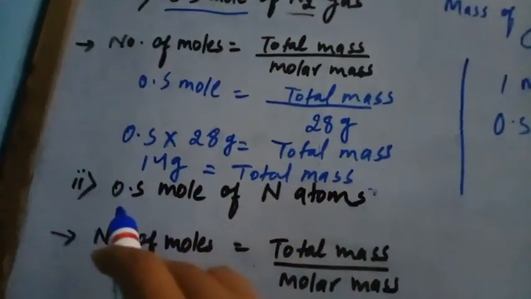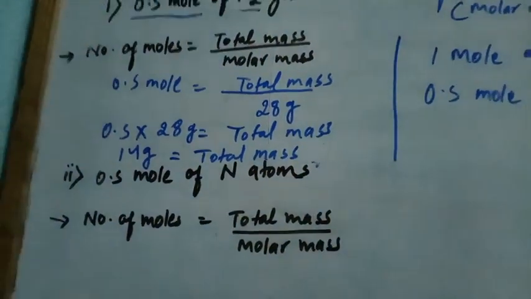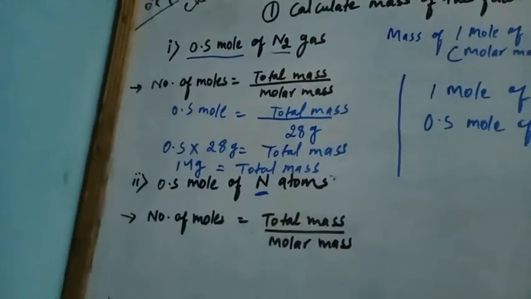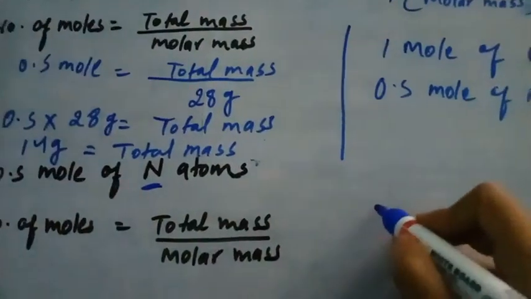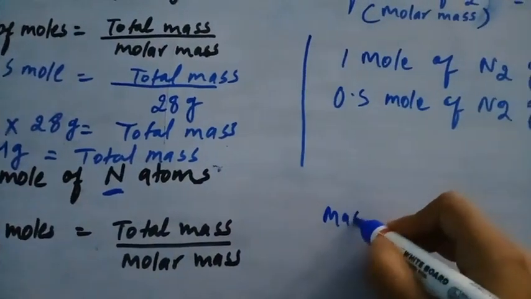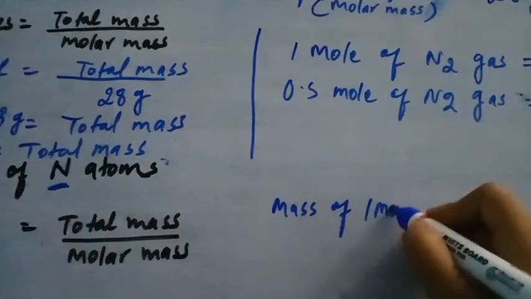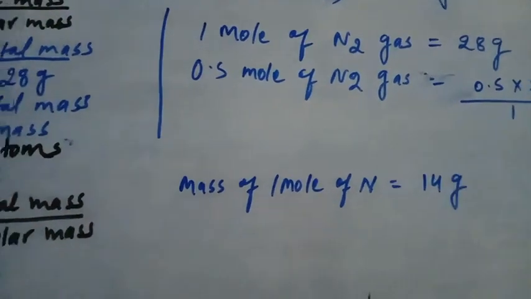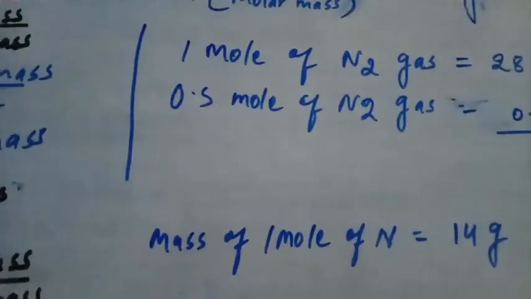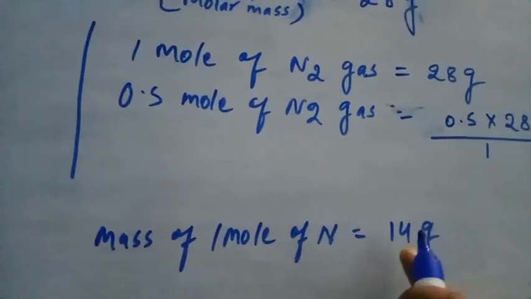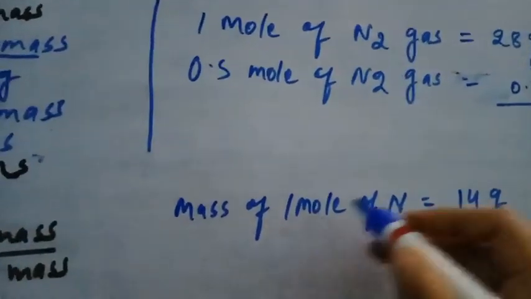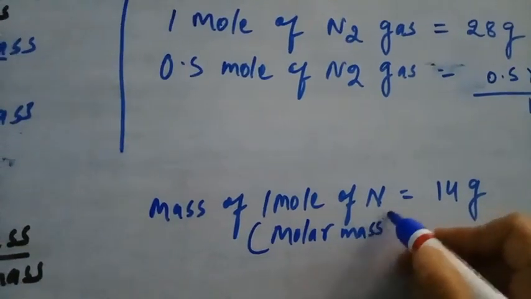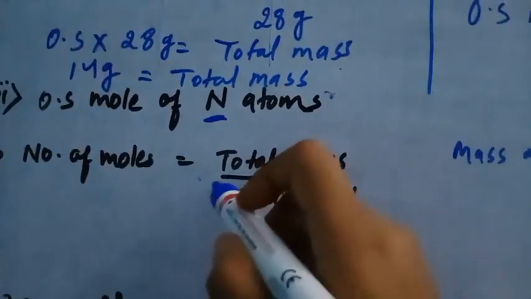Now the second question is 0.5 mole of nitrogen atoms. So here nitrogen represents the atom. So here the mass of 1 mole of nitrogen, we write it will be 14 gram. Okay, we have calculated from atomic mass, it's 14 u, so we have replaced it by gram. Or you can say the molar mass of nitrogen atom. So we can use this formula again.